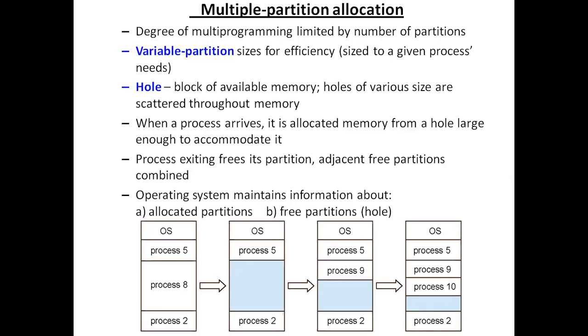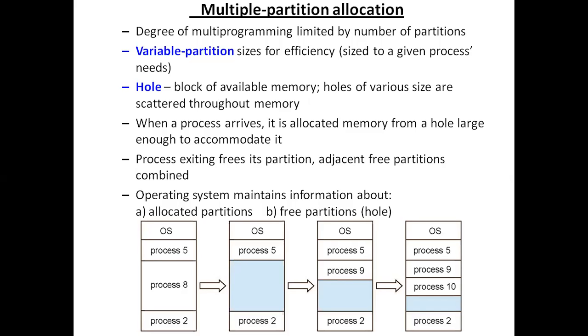So the operating system makes sure that it has all this information, like which places are already allocated to processes, and which portions of the memory are free, or basically a hole. Okay, so that happens in multi-partition allocation. What happens in multi-partition allocation?